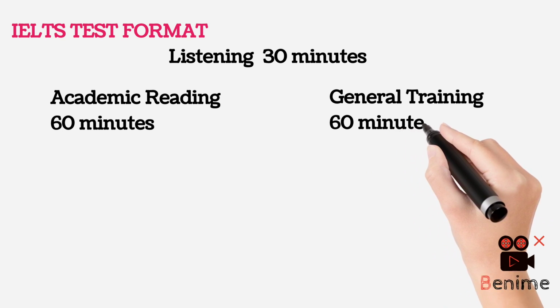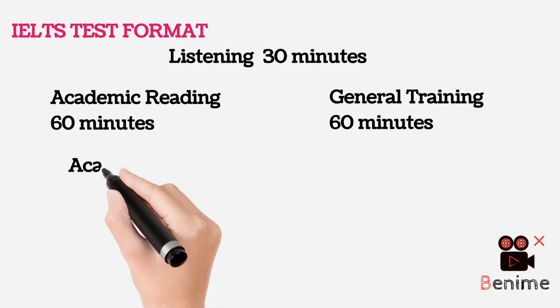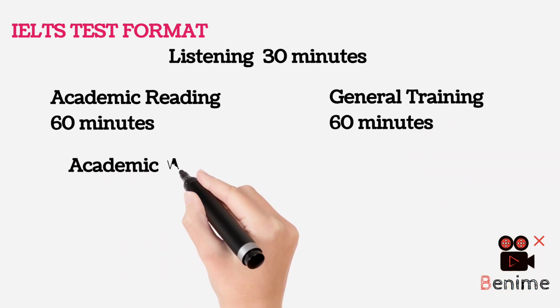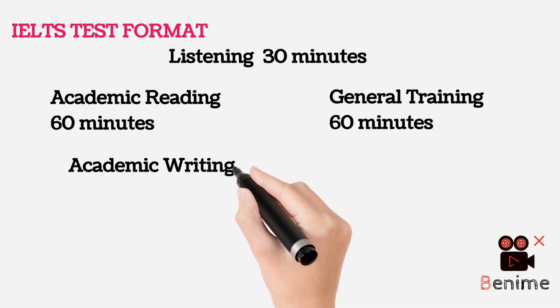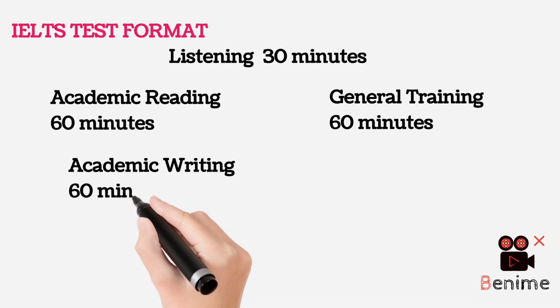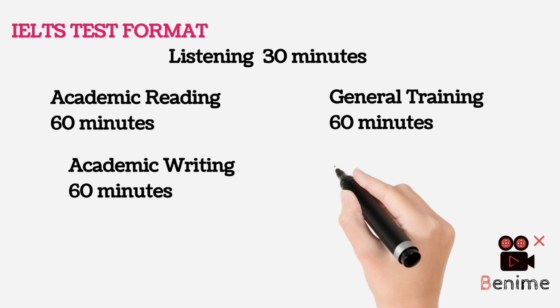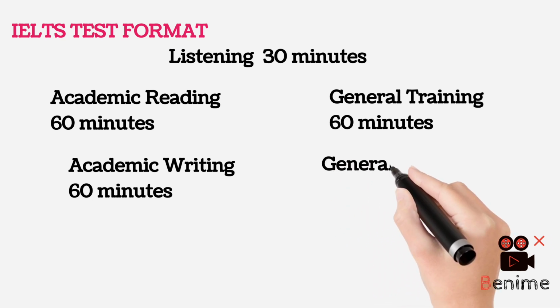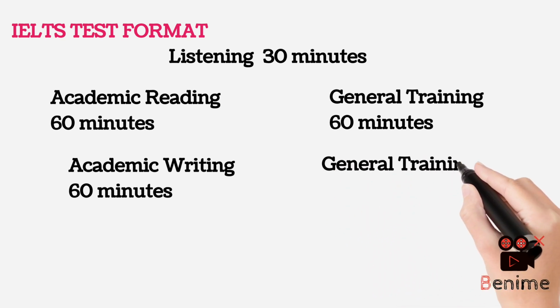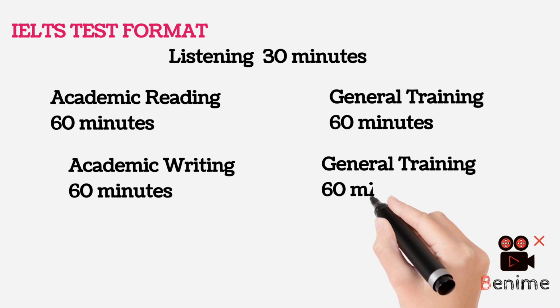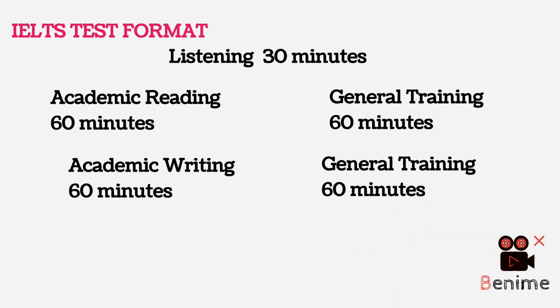The texts given in both the tests are different, but the time limit is same for both, 60 minutes. Then we have the writing skill, which again is different for academic and the ones who take general training, but the duration is again 60 minutes.